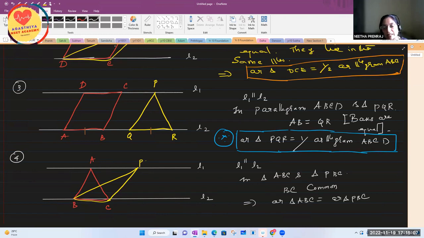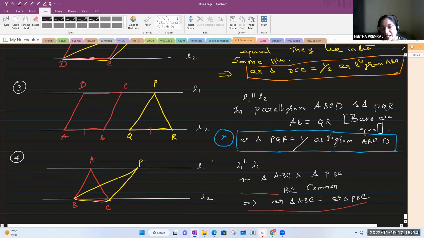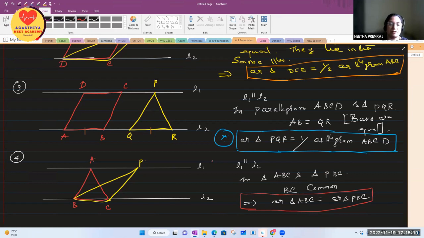So two triangles, what do you conclude? Two triangles having the same base and lying between the same parallels have equal areas. Okay. This is another concept. Make a note of it. Yes, ma'am.